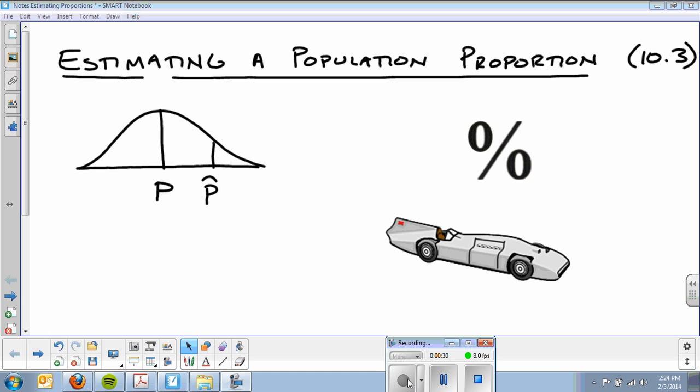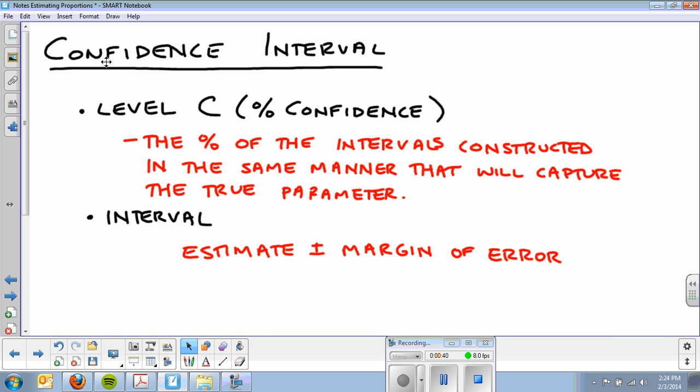So they're proportion-style questions. We, of course, have our normal distribution that would be centered at P, and we're going to be dealing with some P hats. Okay, so first thing is the confidence interval, and we kind of worked over this in class, and there's two parts to it. There's the level C, and that's your percent confidence.